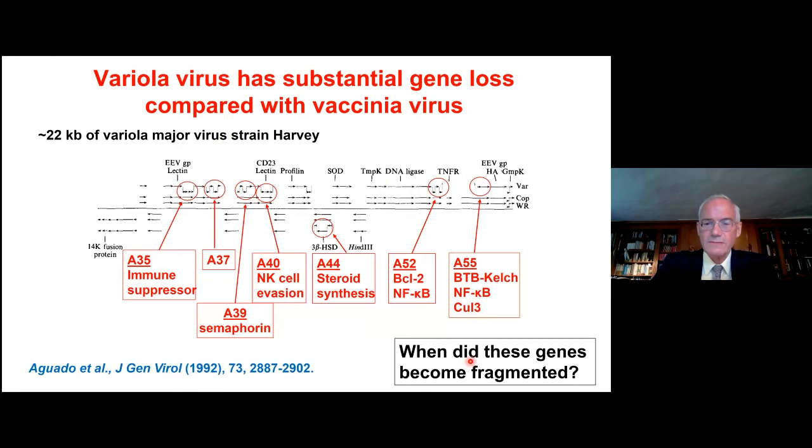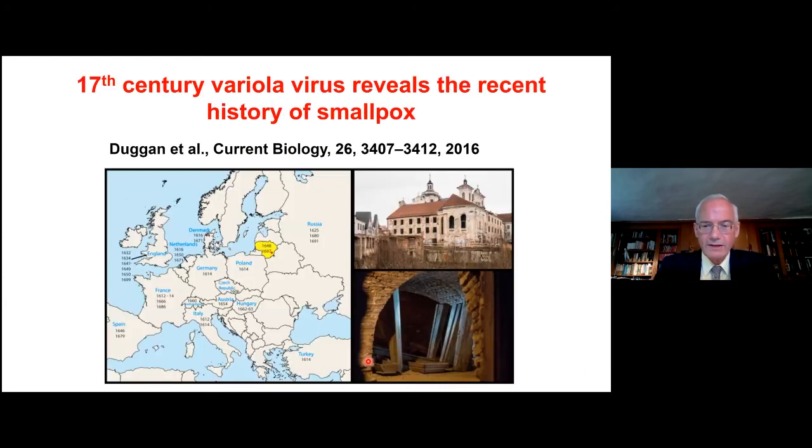So when did the genes become fragmented in variola virus in its evolution? Well, clues about that came from studying variola genomes obtained by sequencing ancient DNA. And the first example came from the mummified body, the mummy of a child who died in about 1650 from a crypt in a church in Vilnius in Lithuania.